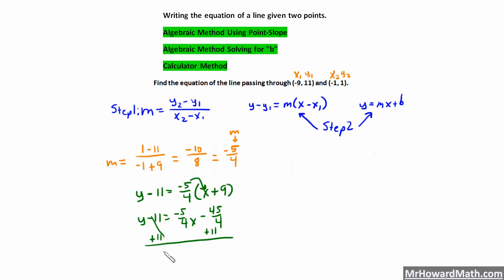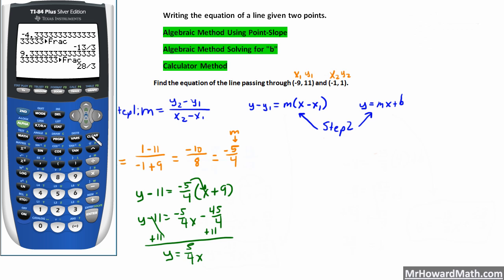That strikes out, and we get y equals negative 5/4 x. And then negative 45 over 4 plus 11. Let's bring our calculator in here and use it. So we have parentheses negative 45 over 4. Oops. Let's change that to 45. Negative 45 over 4 plus 11.